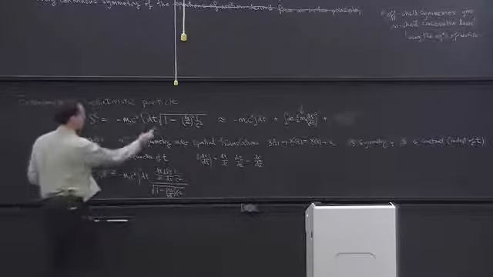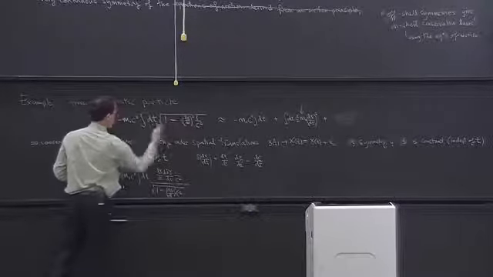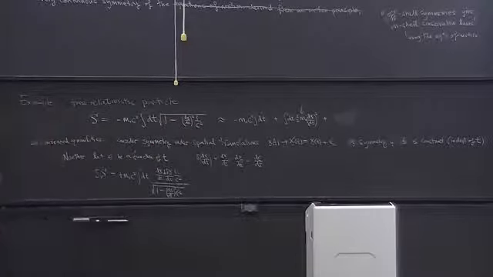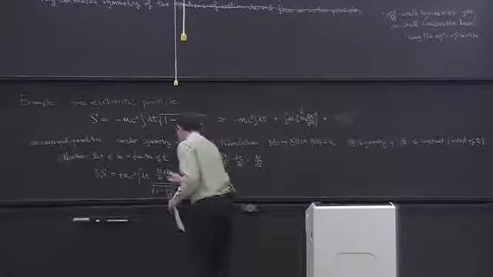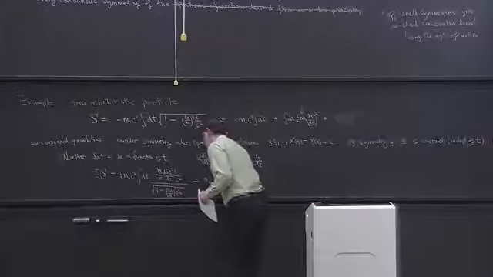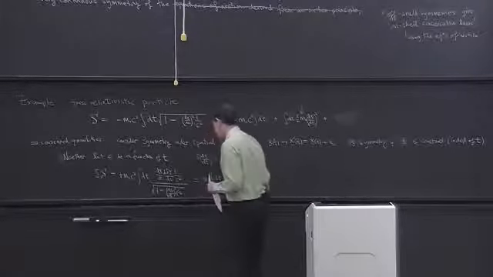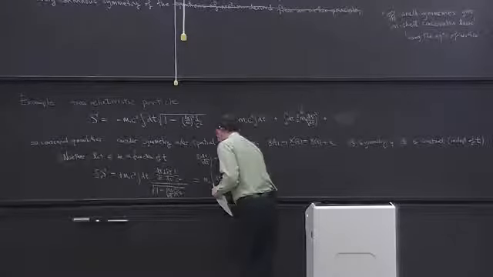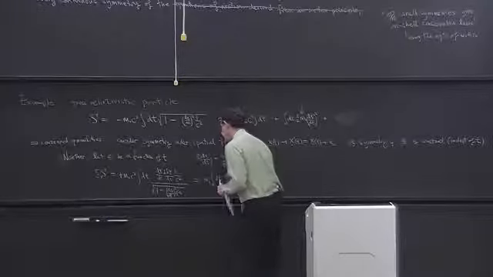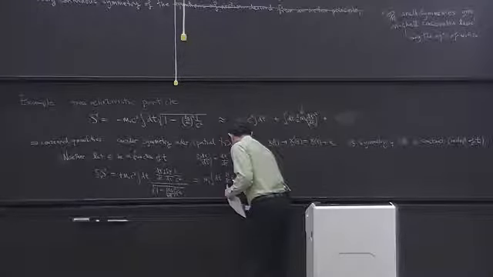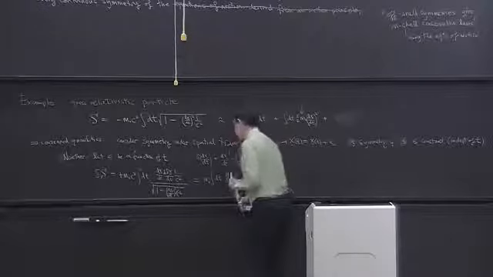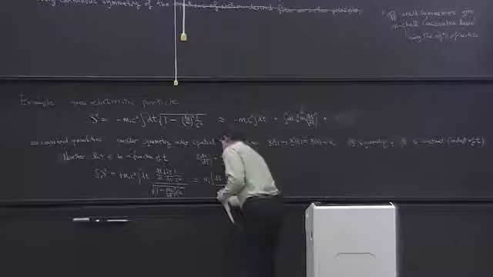And of course, I get a minus sign because differentiating this will give me a minus sign, so it cancels that minus sign. Okay? And so what I've got here is, notice the c squareds cancel, so I've got m naught integral dt, and then dx/dt, and then I've got d epsilon/dt, and then I divide by the square root.